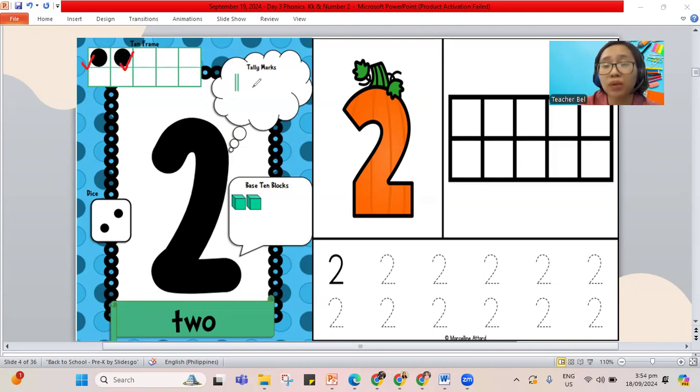When we make our tally marks, there are two sticks. 1, 2. And in our dice, how many dots? There's 1 and 2. And for our blocks, how many do you see? That's 1 and 2.